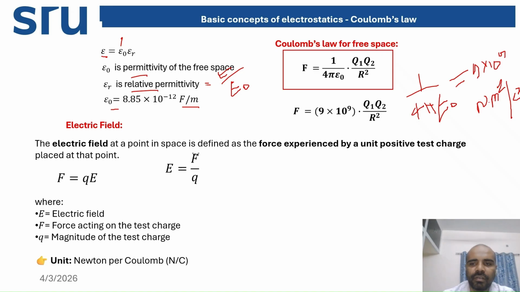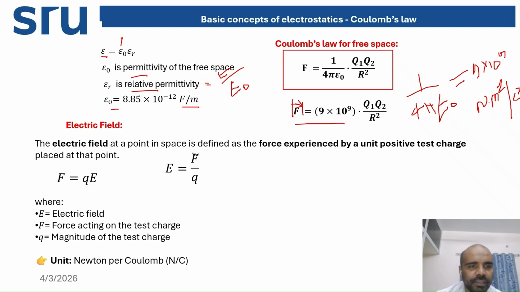So you can write the force, which is a vector quantity, or you can take the magnitude, which is 9 into 10 to the power 9 into q1 q2 by r square. This is the Coulomb's law for free space.